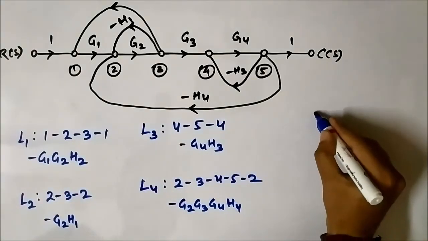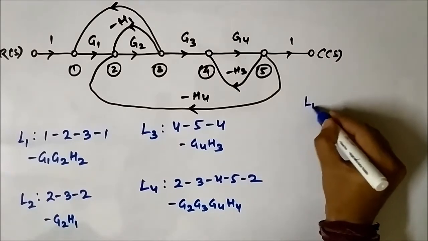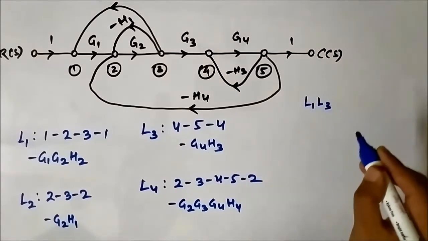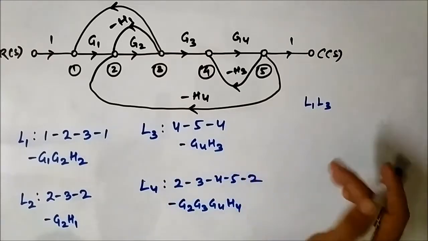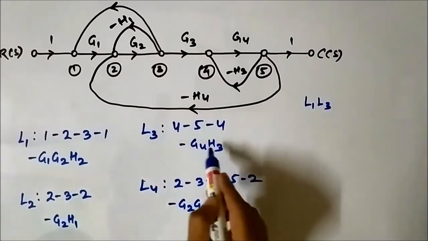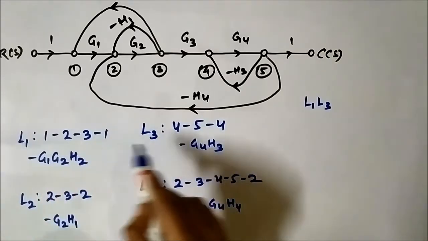So L1 and L3 are two non-touching loops. And what is the gain of the two non-touching loops? Simply we'll multiply loop gain 1 into loop gain 3.